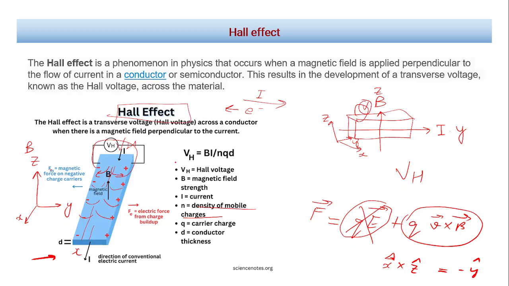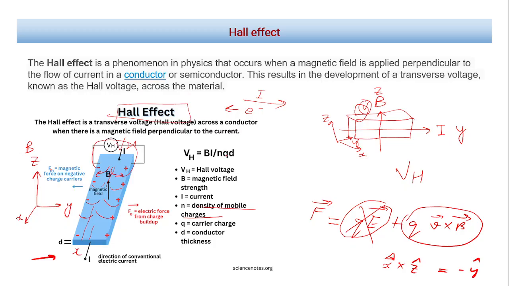In the experiment, what we do in the lab, if all the others are known, then the one unknown we can find. If I am applying a known strength of magnetic field and a known current, and I know the thickness of the sample, then I can find the density.